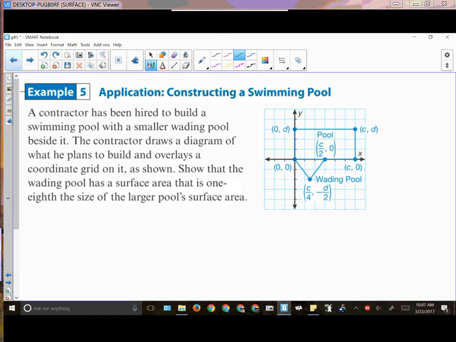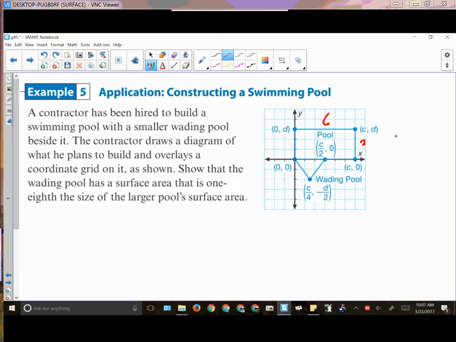Okay. Now, I have all this stuff here. Because it's sitting on a coordinate grid, I can say that every one of these blocks is 1 unit, correct? So that means 1, 2, 3, 4, 5, 6. So if that's 6, 1, 2, 3, that's 3.